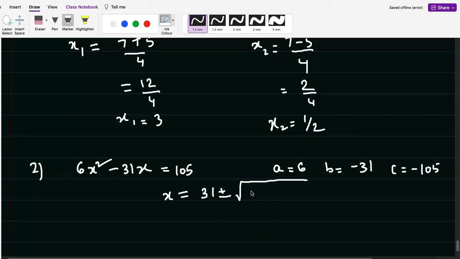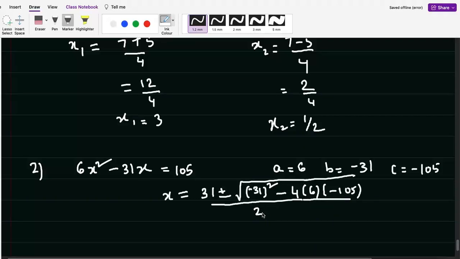So here b square is negative 31 square, minus 4a and negative 105. This looks like a bigger number. 2 into 6, 12.